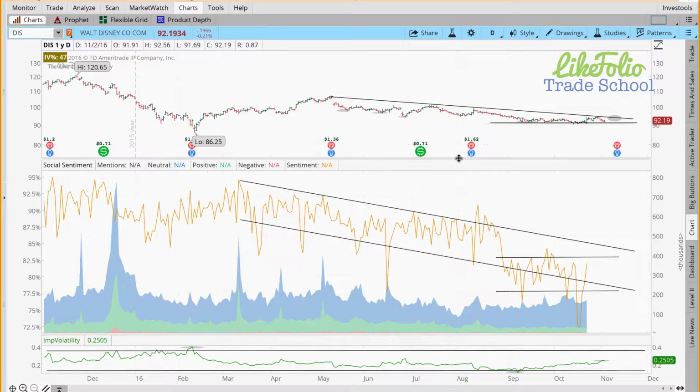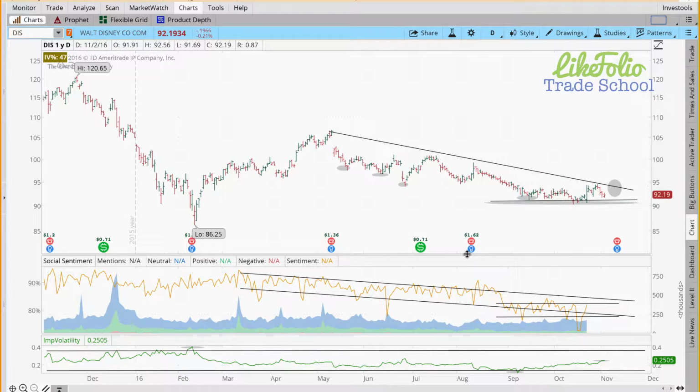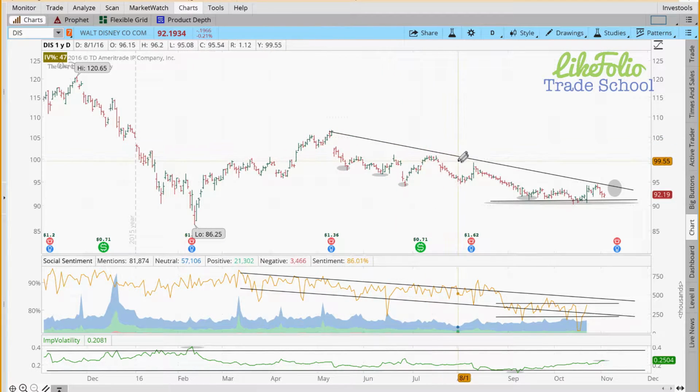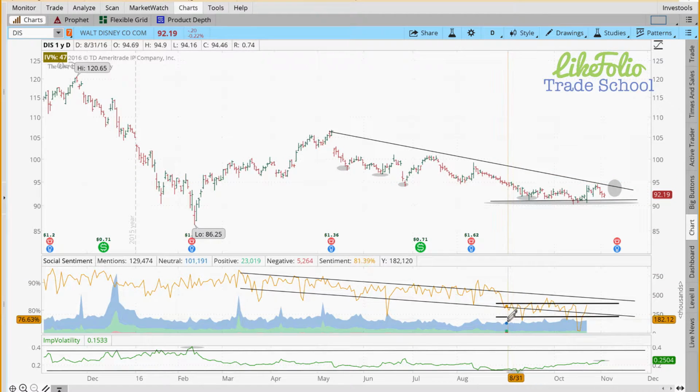Now, if you match that up with price, you can see the sentiment started downtrending back here. It was forward looking, so we didn't actually see that come to fruition until a couple months later. The downtrend started, and now we've started to flatten out around here.